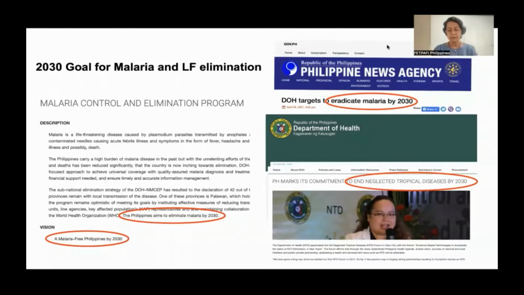Although the number of malaria cases nationwide has steadily decreased and is now reported in only 3 of 81 provinces, the goal of elimination has been pushed back to 2030.